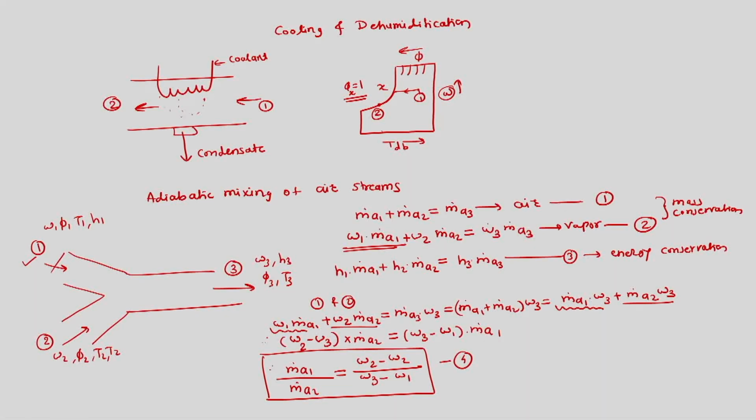Now we will go ahead and write down the energy equation. Again consider 1 and 3. We can write down m dot A1 into H1 plus m dot A2 H2 is equal to m dot A3 H3.